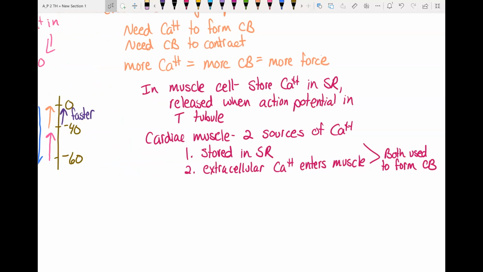The amount that comes from the sarcoplasmic reticulum is a set amount. You can't alter that. But you can control how much comes in from extracellular. So this is where sympathetic comes in. Sympathetic increases this one.